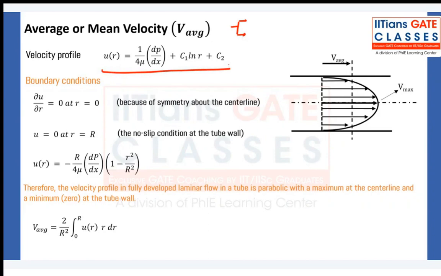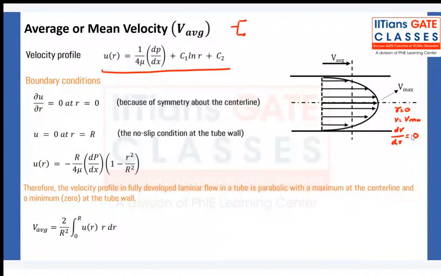Now I need a few boundary conditions. I know one thing: at r equals 0, V is equal to V max, so dV by dr will be equal to 0. Here it is not changing with respect to the r direction.